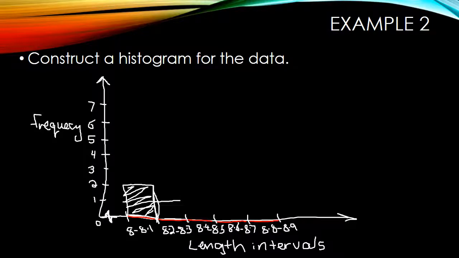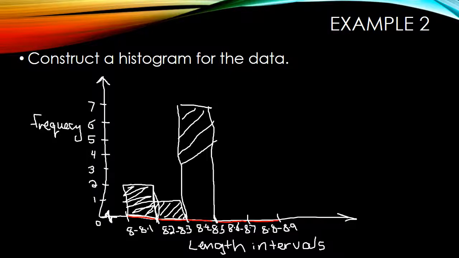So my second interval has this height, and it has just 1 point. Third bin has 7. So my interval is going to go up to 7. And it has 7 data points.